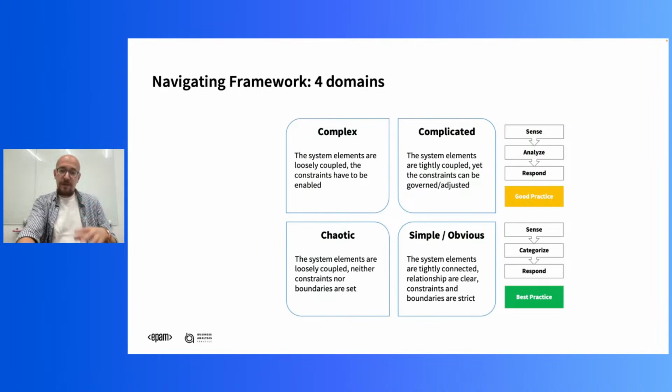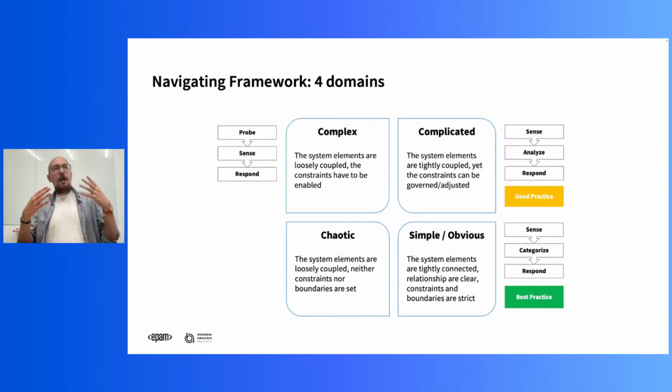Now, moving to the complex domain, things are getting trickier. The relationships here are not clear, and they are too complex to be described. So we can only see how the system responds to our actions. Hence, we are moving from observing to experimenting.